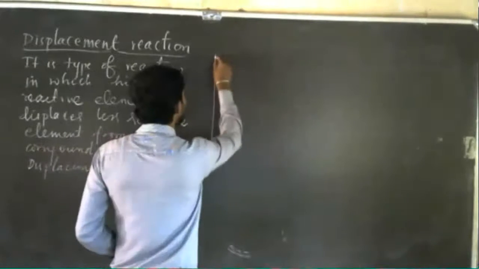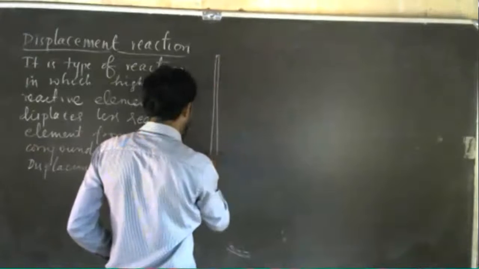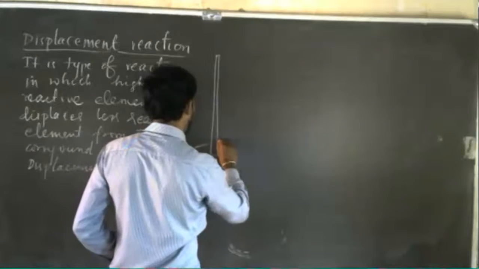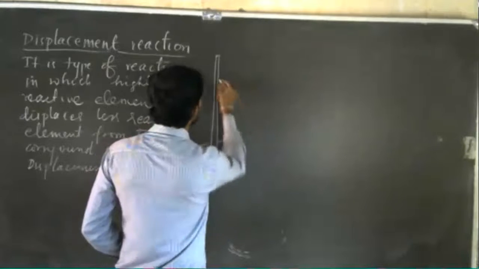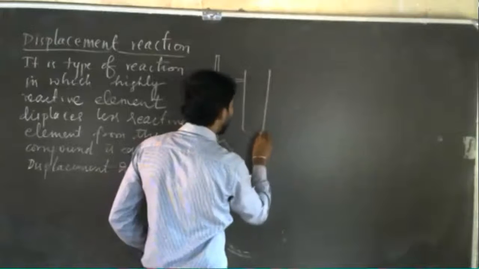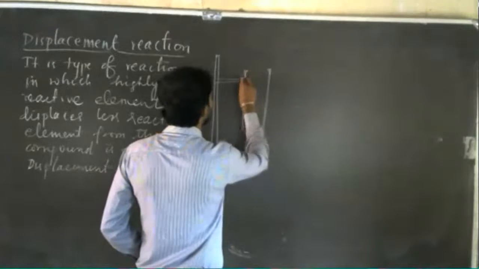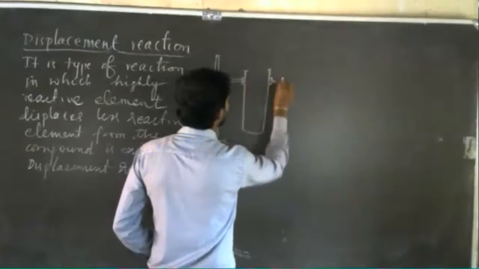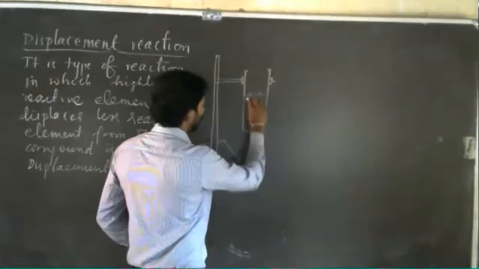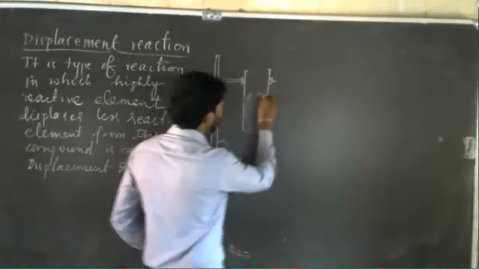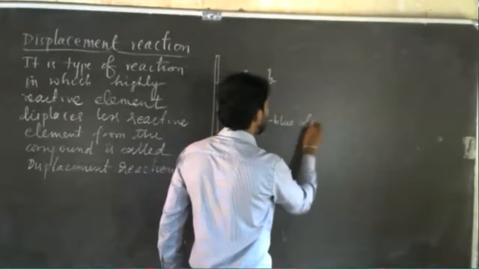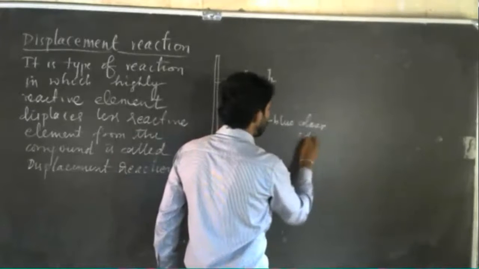You don't have the textbook, I think, some of you. So this is a stand, and this is a test tube. In this you can see the blue color solution.